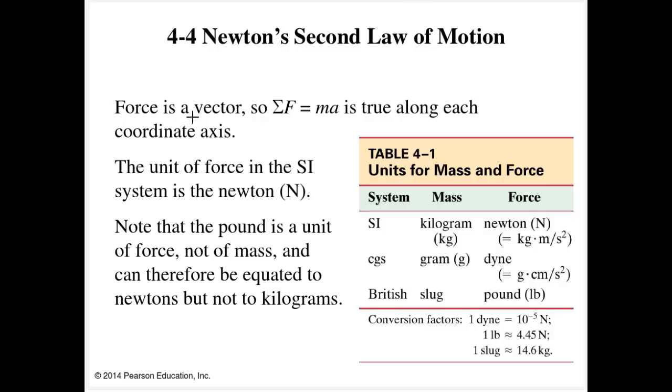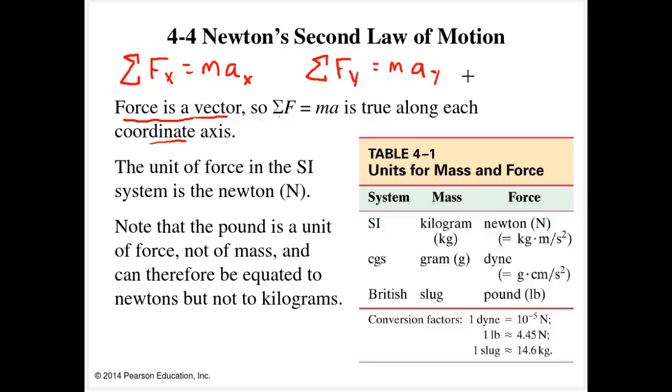Now, one thing that is nice about force being a vector is that Newton's second law must be true along each coordinate axis. So I could say the sum of forces in the x direction must be equal to the mass times the acceleration in the x direction, and similarly the sum of forces in the y direction must be equal to an object's mass times the acceleration in the y direction.